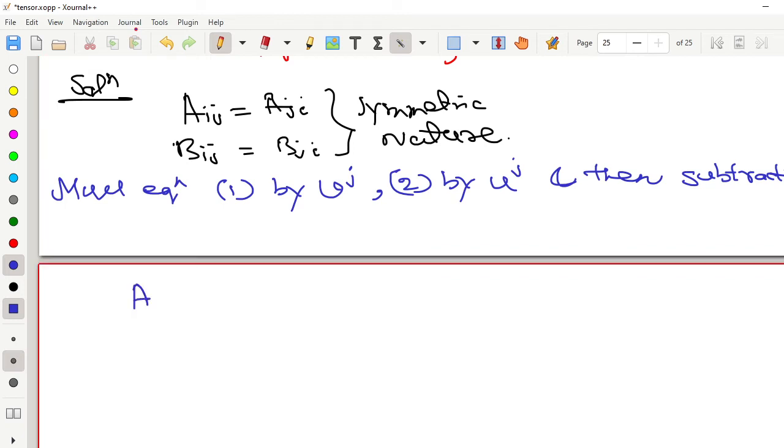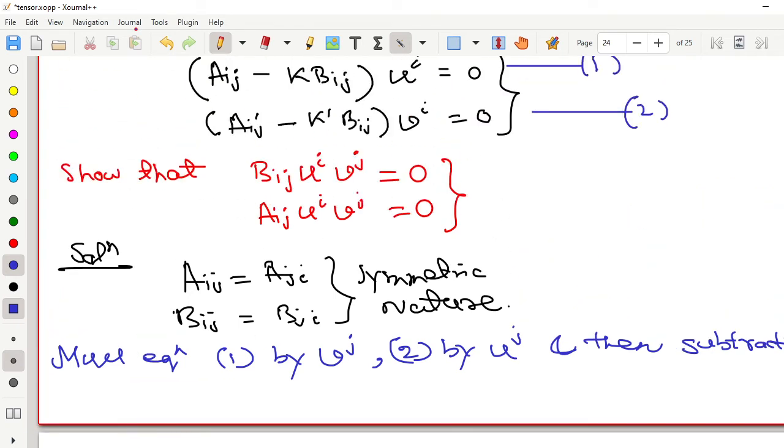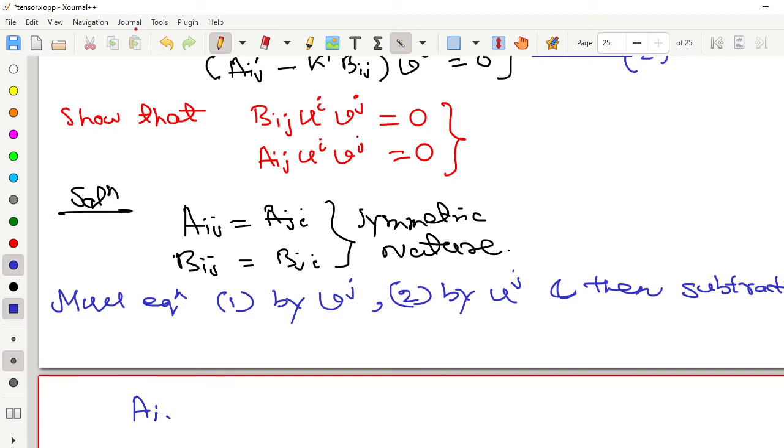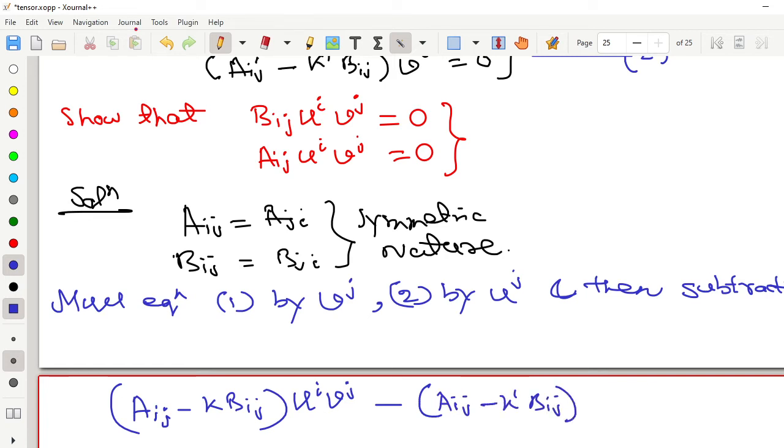So this becomes Aij ui vj. Okay wait, as it was before, Aij minus k Bij, and you have over here ui vj minus (Aij minus k' Bij). Already there was vj, I have a u, sorry, already you had over there vi, so I take extra uj, vi and uj.